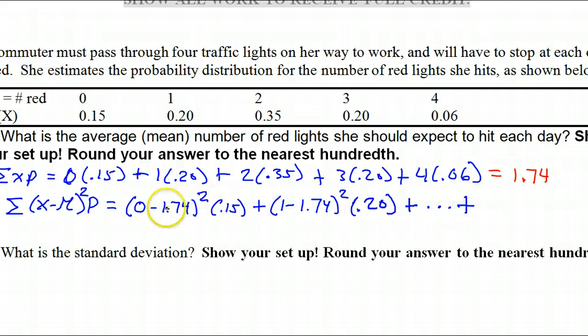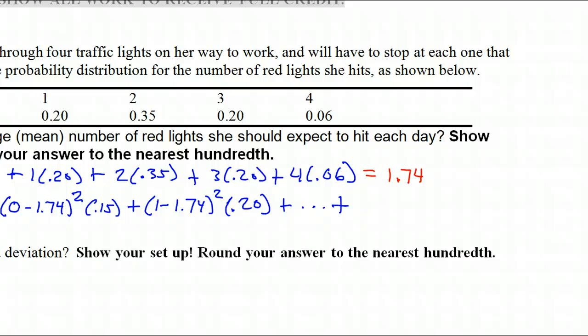All right, you're allowed to show 2 terms and then put dot, dot, dot, and then skip to the last term. So the last term, x is 4, so 4 minus the mean squared times the probability of that one, 0.06.